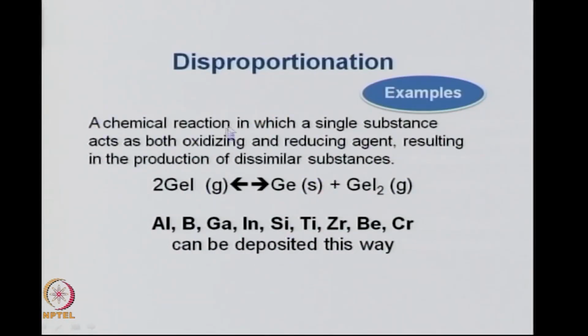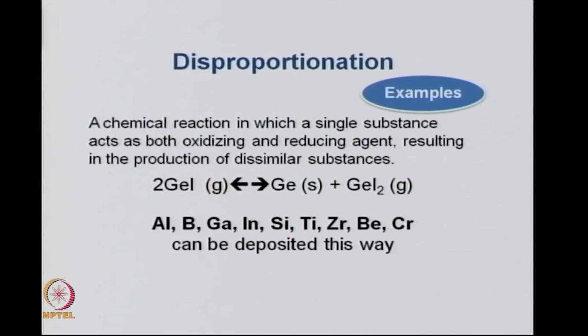That is why this reaction is called a disproportionation reaction, because from 2 +1 species we are getting 1 zero-valent species and 1 divalent species, and this zero-valent species deposits on the substrate and gives you a film of germanium.